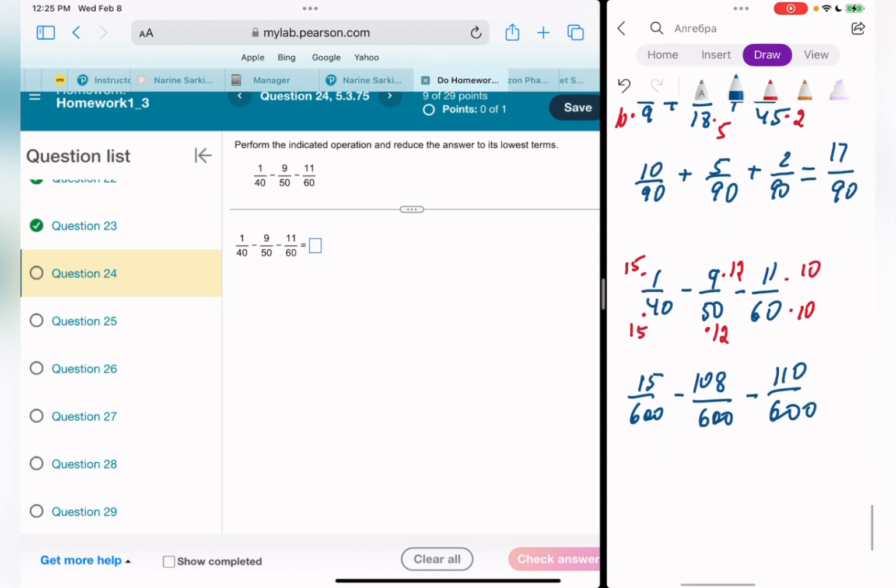Okay, let's see what we get. We have 600 first of all. 15 minus 108 is going to be negative 93. And negative 93 minus 110 is going to be negative 203.